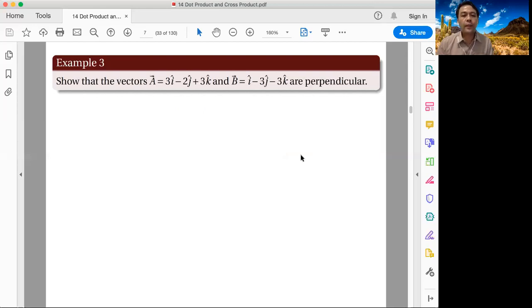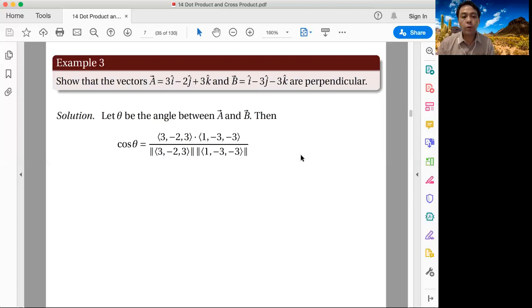Let us show that these two vectors are perpendicular. So we write A in the form that we are more comfortable with, 3, negative 2, 3. And B is 1, negative 3, negative 3. Let theta be the angle between the two vectors. And we compute. So this is our dot product and the magnitudes. We simplify things.